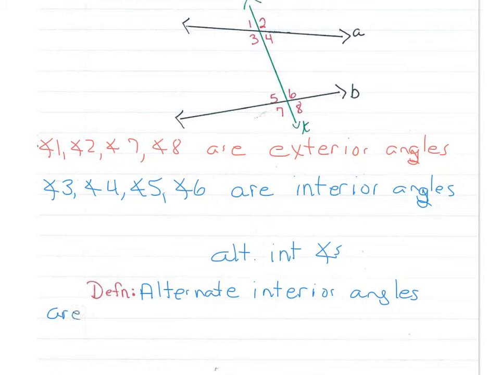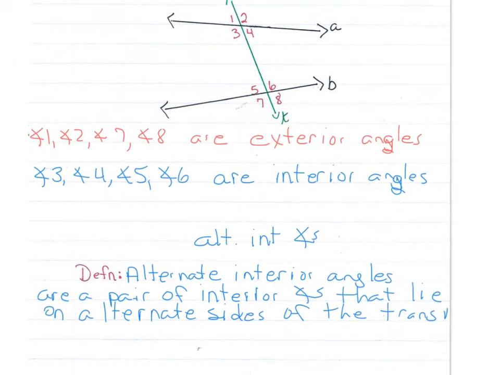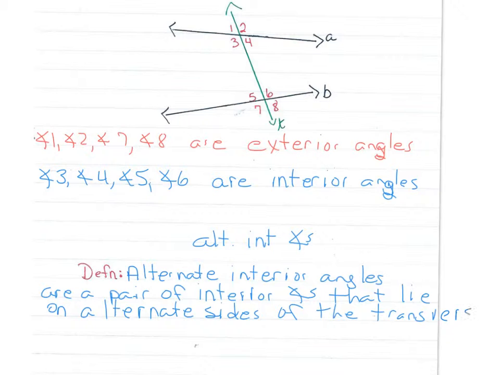So in our diagram, one pair of alternate interior angles would be angle 3 and angle 6.